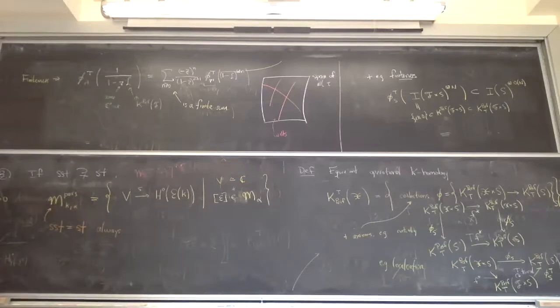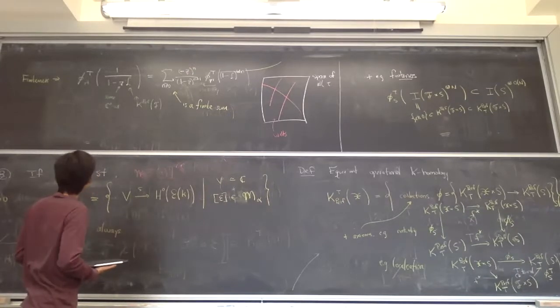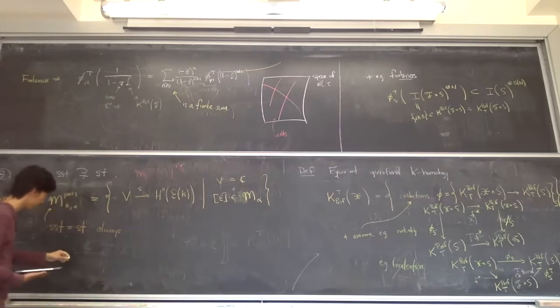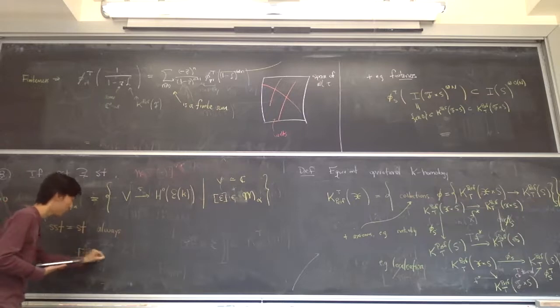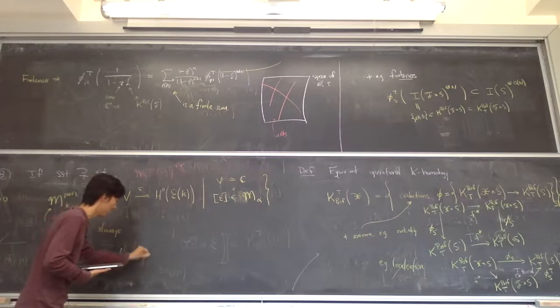So the way to define semi-stable invariants in general is we're going to start from, oh no, I erased it already. I wanted to give a name to these invariants. So earlier we had some invariants that eat some sheaf and spit out the integral over the semi-stable locus of that sheaf.